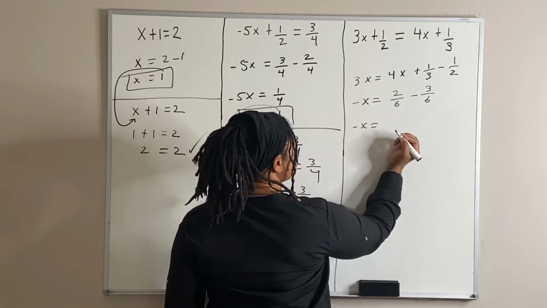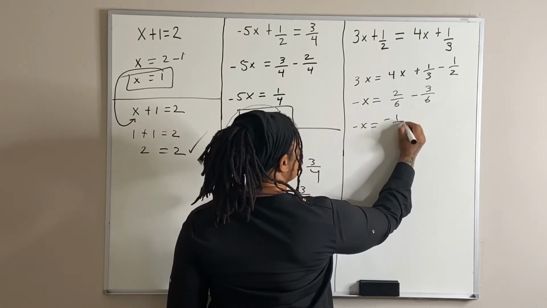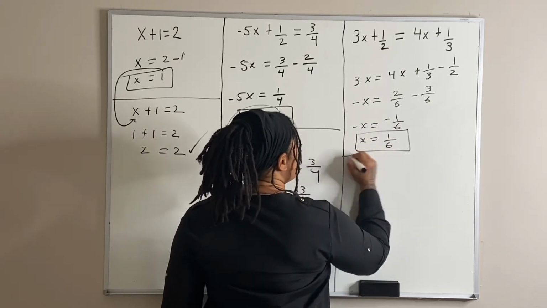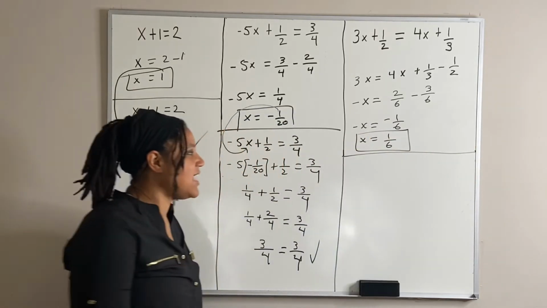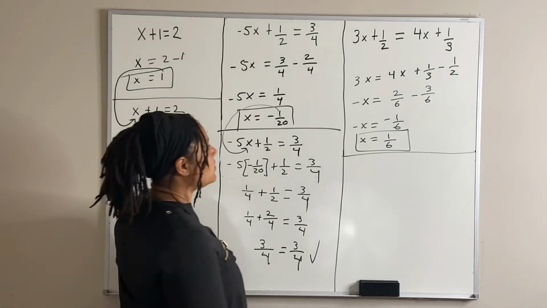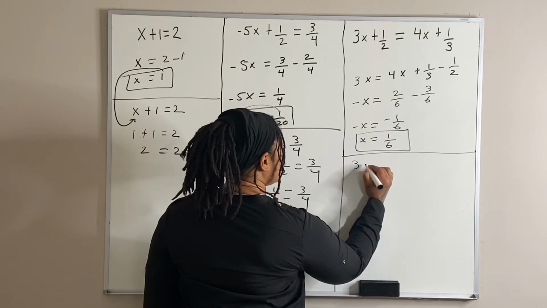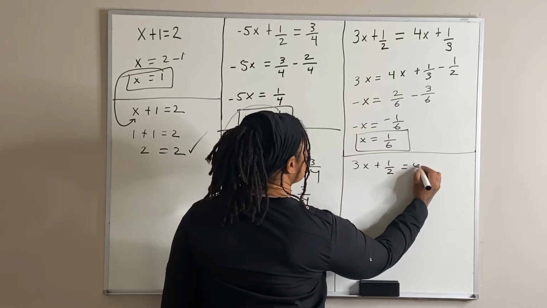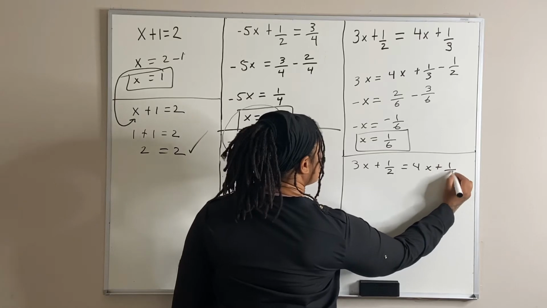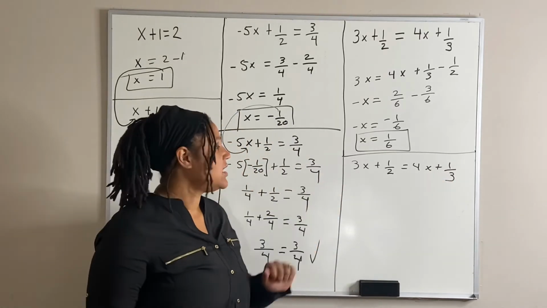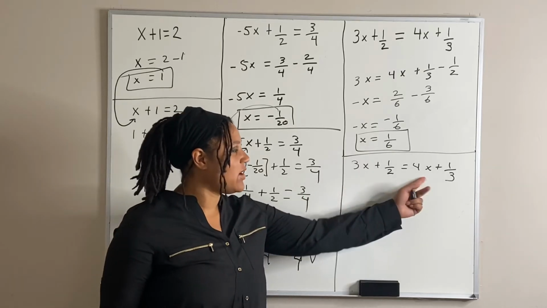Negative X is equal to negative 1 over 6, and X is equal to a positive 1 over 6. So we say that X is equal to a positive 1 over 6. Let us rewrite our equation, and we're going to plug in 1 over 6 everywhere that we see an X.